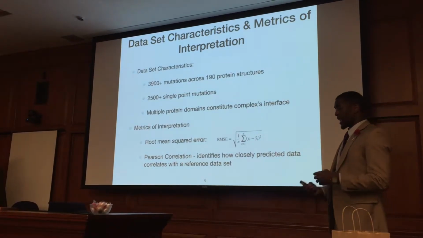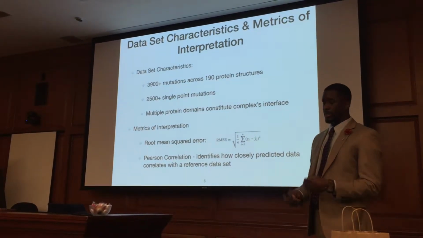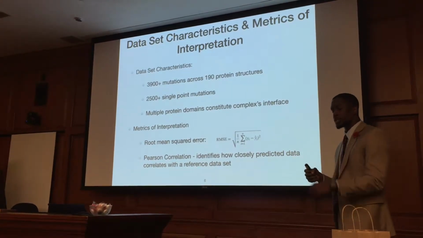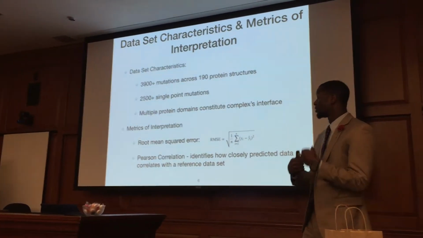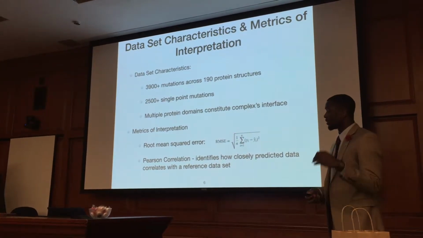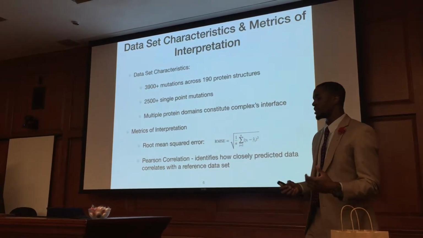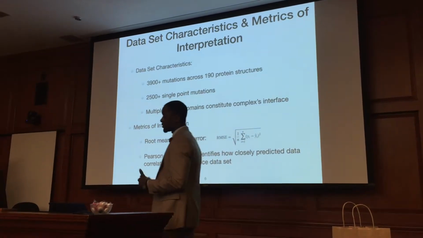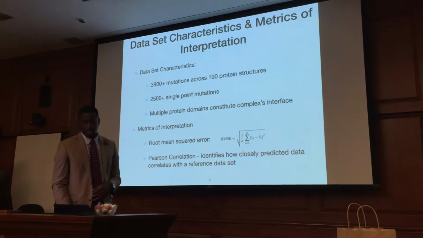Additionally, about half of the mutations are single point mutations. When I say that, I mean that one residue within the complex at the interface is going to be mutated. For multiple point mutations, that means that multiple amino acids at this interface are being mutated.